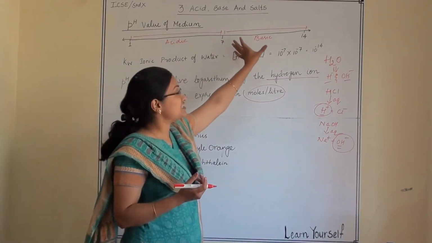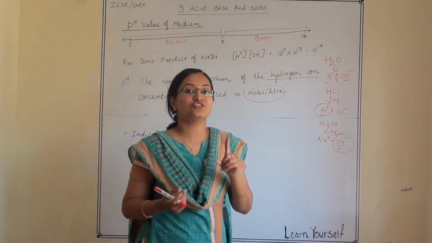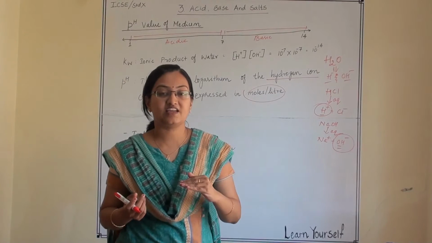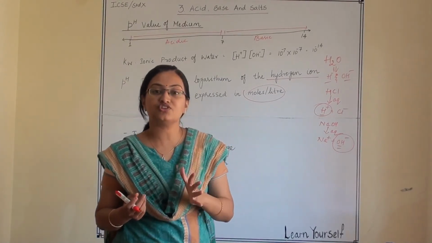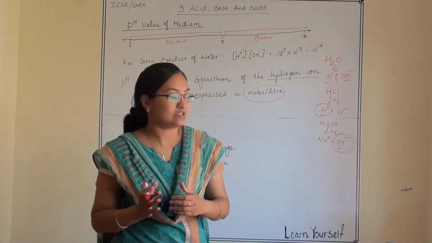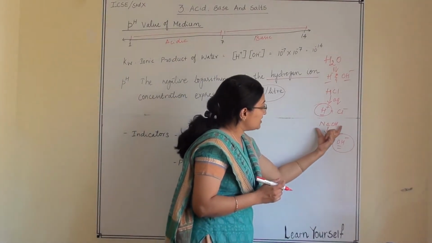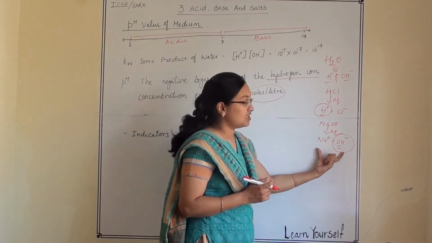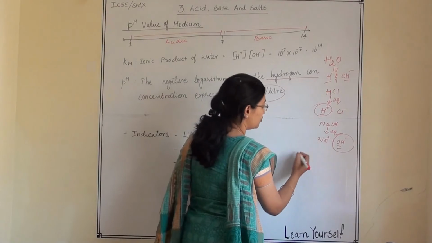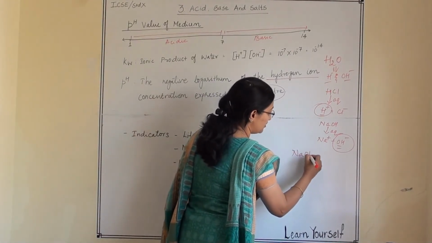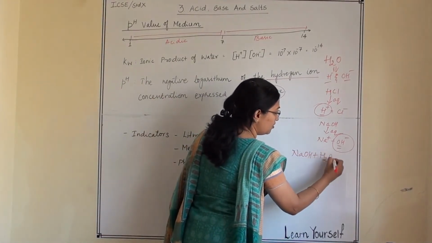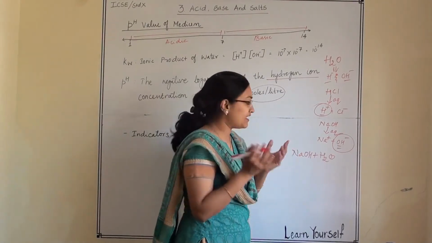So if it is a basic solution, the concentration of H plus ion will be less. H plus will be there, but the concentration will be very, very less. Why? When you are dissolving NaOH in water, what will happen? NaOH plus water, what types of ions will you get?